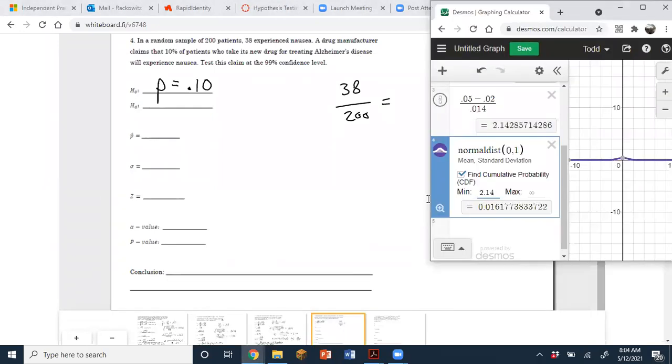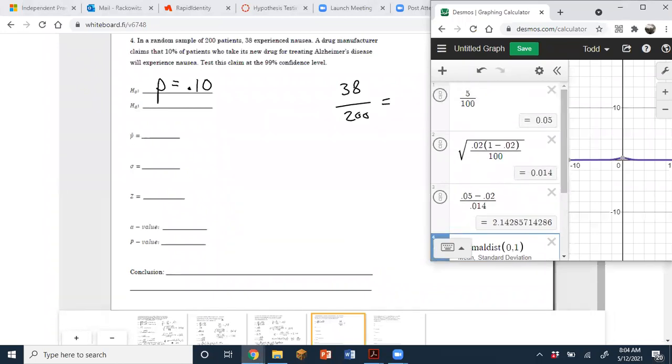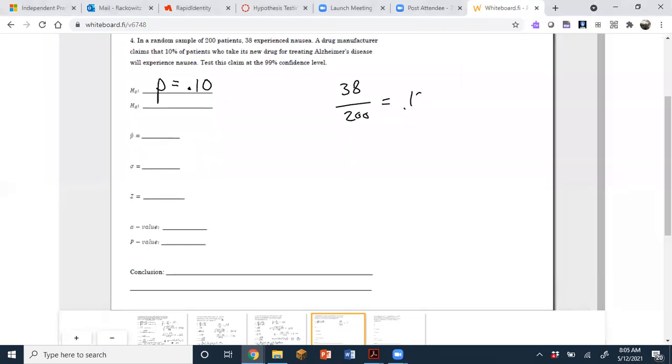So that is 0.19. So he thinks this is too low, that their claim should be greater than 0.10. And remember, always in those hypothesis statements, those numbers are always equal. They're the same number. First one's always equal to, and the next one's always less than or greater than. So that's p hat from his study.